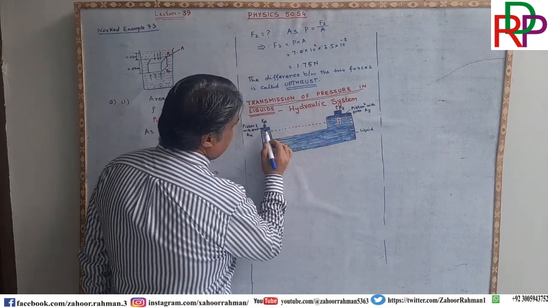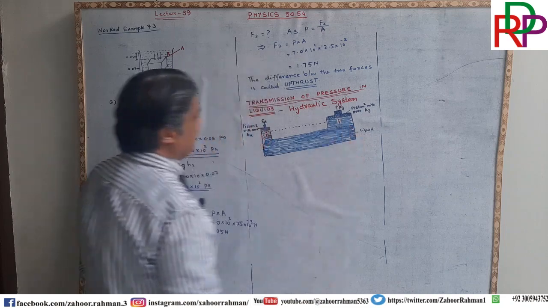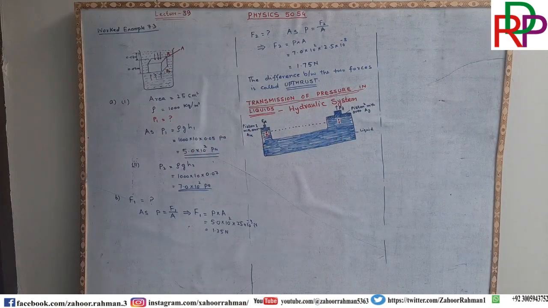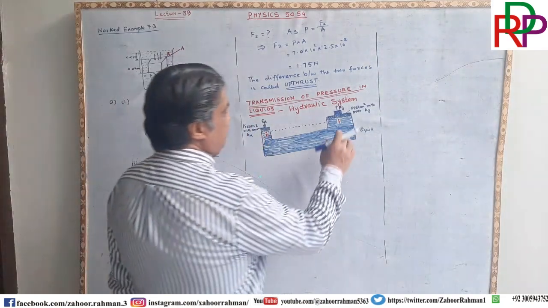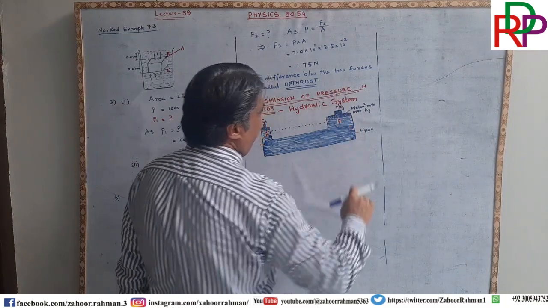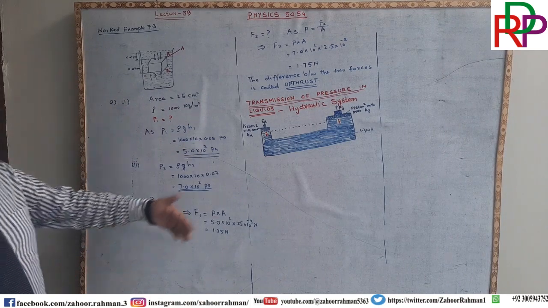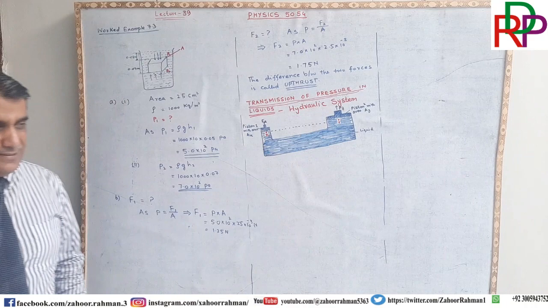We will apply a smaller force, and as a result we will get a larger force, and this larger force will uplift a heavy object. This concept is used in hydraulic systems.